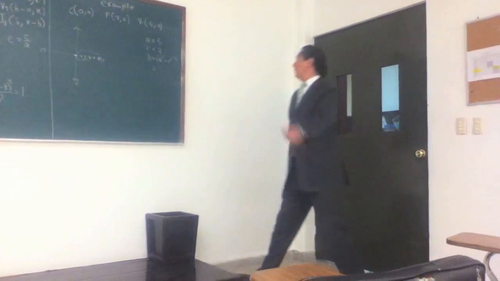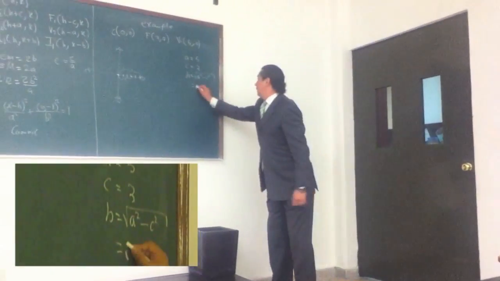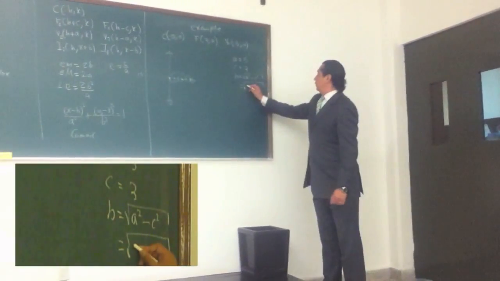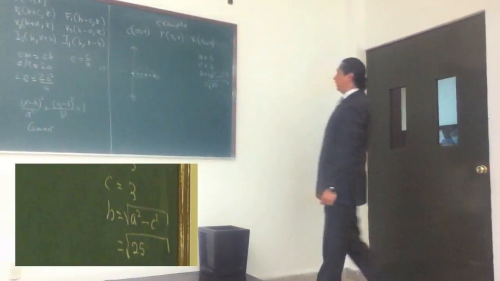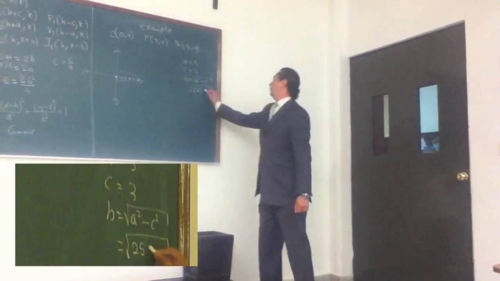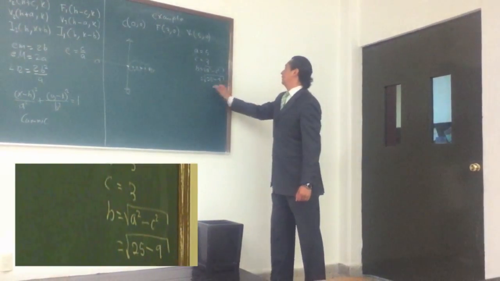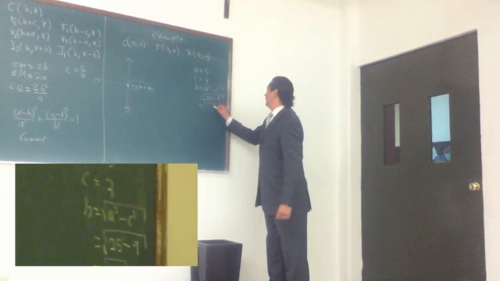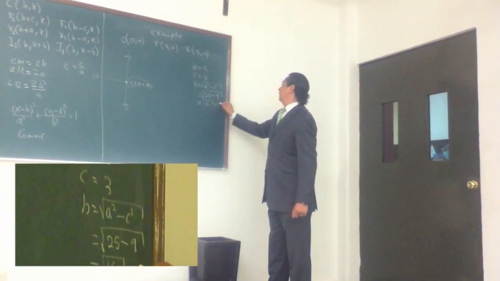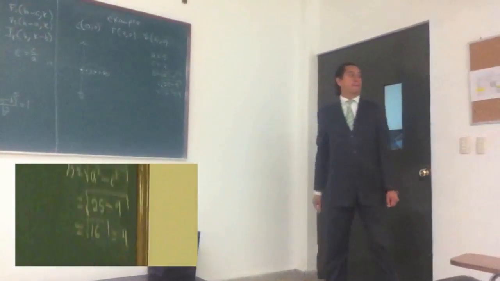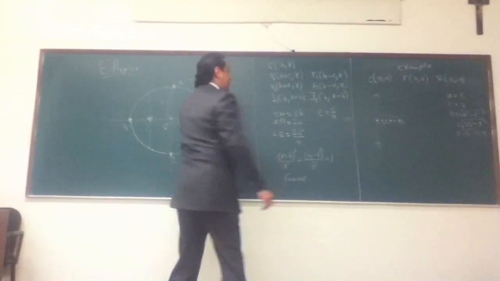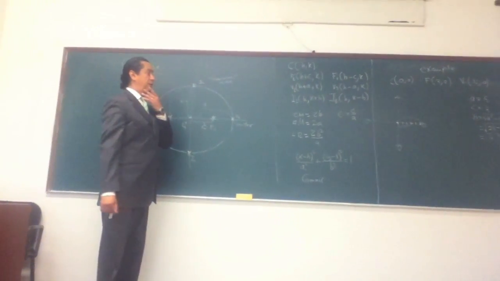Then b must be the square root of 25 minus 9. This is the square root of 16, and it's equal to 4. The right answer for b is 4.